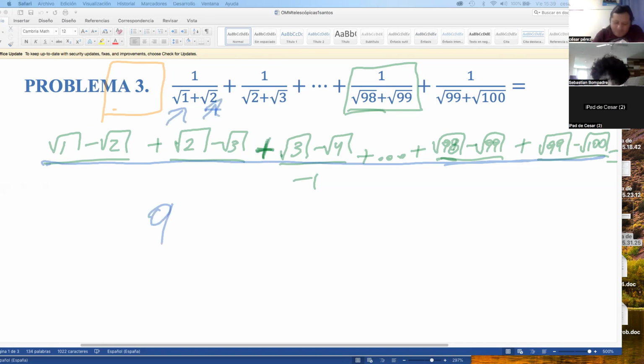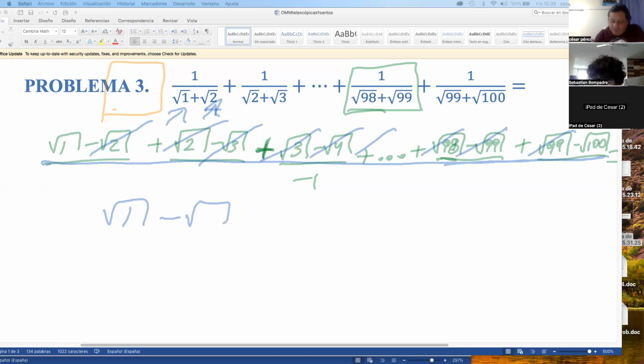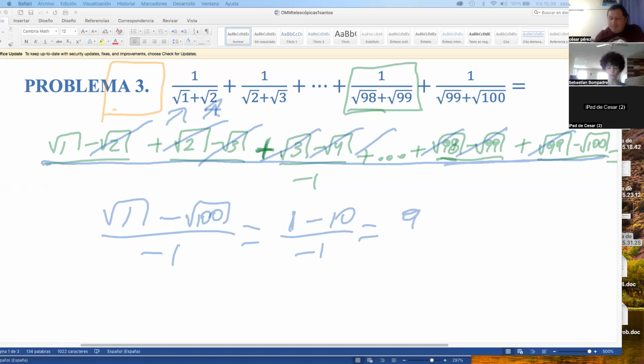Because those two cancel each other, one cancels those two. We only get the square root of 1 minus the square root of 100 divided by -1. So it's 1 minus 10 divided by -1, and we will get 9.